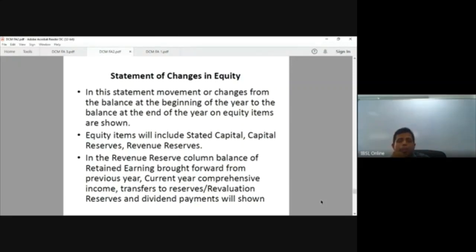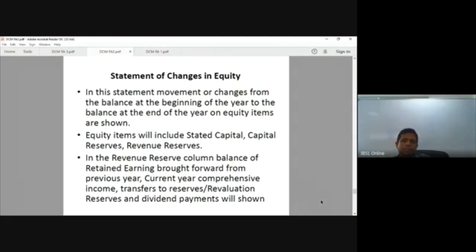This statement of changes in equity elaborates how your equity has changed from the start of the year to the end of the year. What is the beginning equity, what is the ending equity, and the changes in between, will be elaborated in this statement.